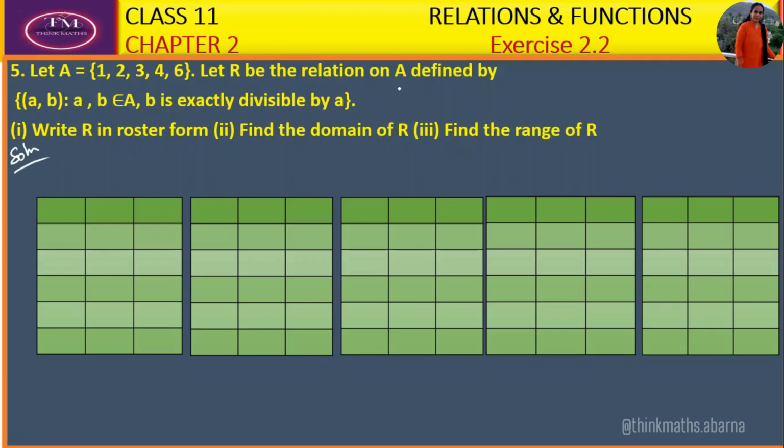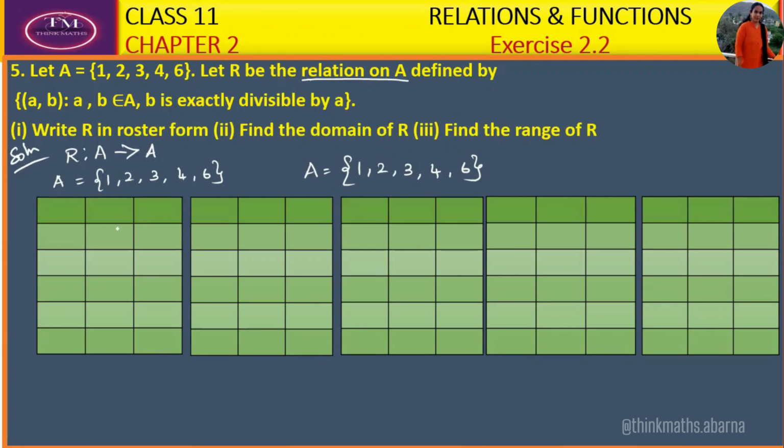The relation on A means the relation is from A to A. So A is 1, 2, 3, 4, 6, the same set, and the relation is between A and A.